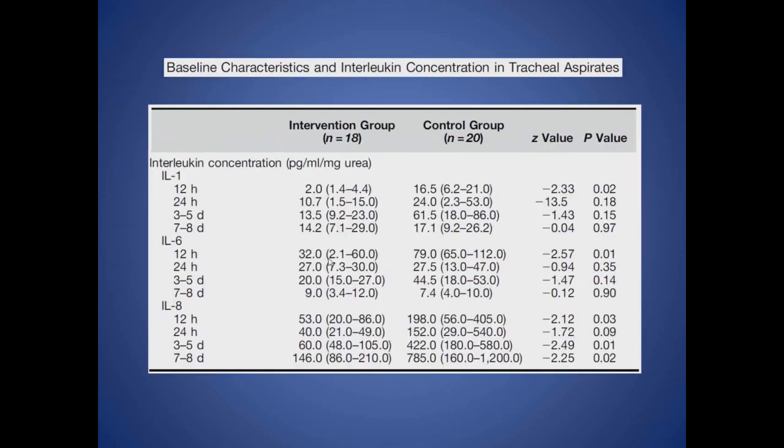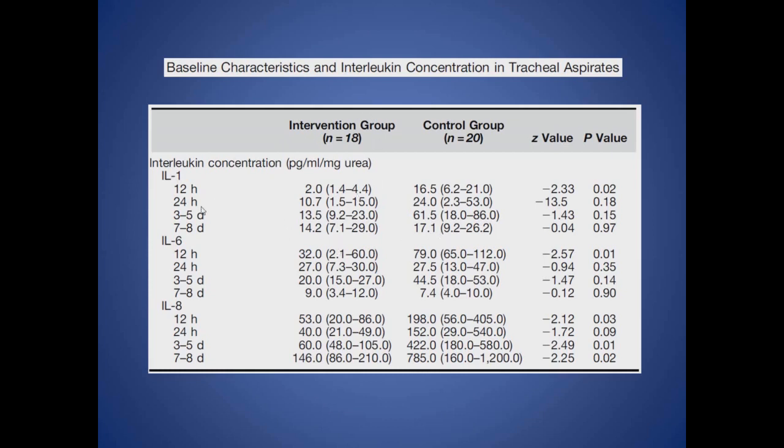We also had a chance to look at the tracheal aspirate to look for the inflammatory cytokines within 12 hours, 24 hours, 3 to 5 days, and 7 to 8 days for IL-1, IL-6, and IL-8. Interestingly, for IL-1, IL-6, and IL-8, most of them were very significantly lower in the intervention group.